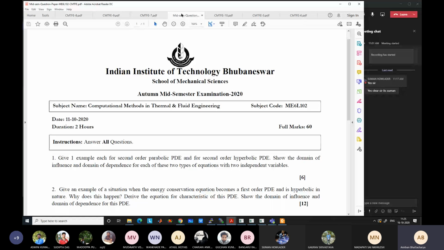Ultimately any typical CFD problem will have some differential terms, and you know how to tackle any of these using finite difference approximation, whether it's a first order term or a second order mixed term. Any of the derivatives you can change into some finite difference approximation and you will get an algebraic equation.